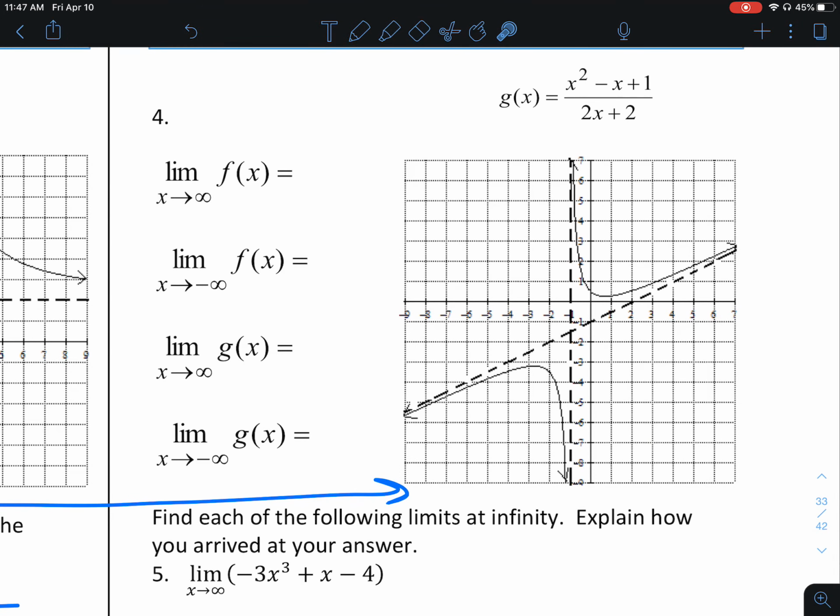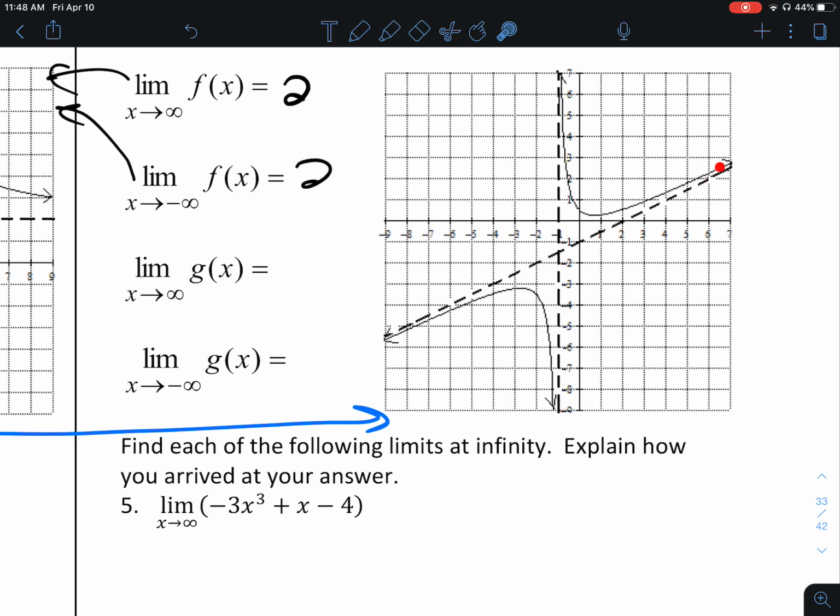Using this picture, as x approaches infinity, it looks like this y value just keeps going up and up and up. So it is approaching positive infinity. As x approaches negative infinity, this y value keeps going down. It's approaching negative infinity.